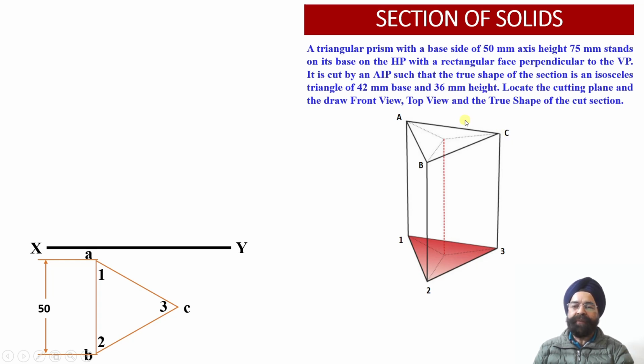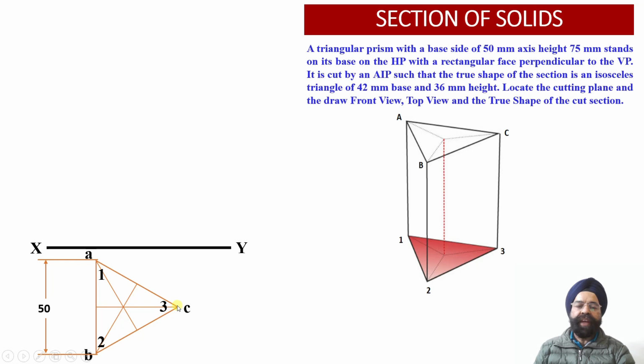When we look at this prism from the top, points A and 1 will be coinciding with each other, B and 2 will be coinciding with each other, and C and 3 will be coinciding with each other. So A, B and C points we have marked on the outer side of this triangular top view projection corresponding to this triangular prism.